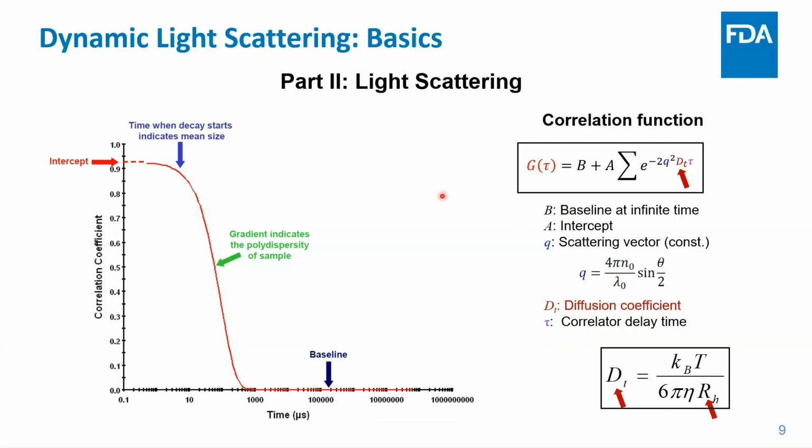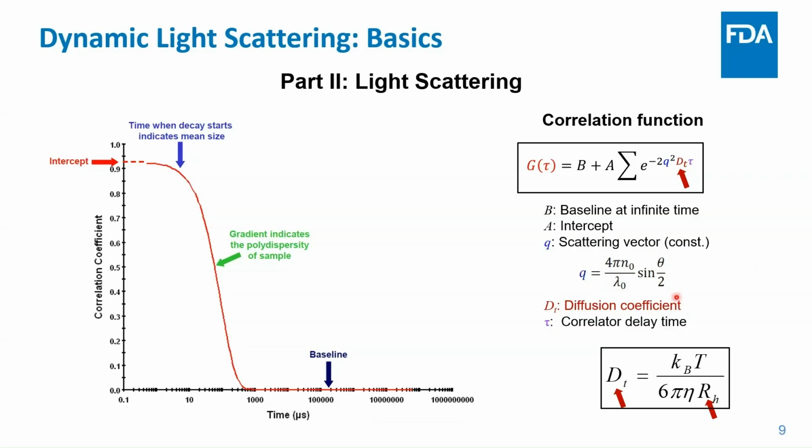There's a couple other things in here I want to point out. Inside of the scattering vector, which is basically like an instrument function, it has the refractive index of the medium, so whatever the dispersion medium or the solution is, the wavelength of light, and the angle of the detector. And that's usually constant for every system.